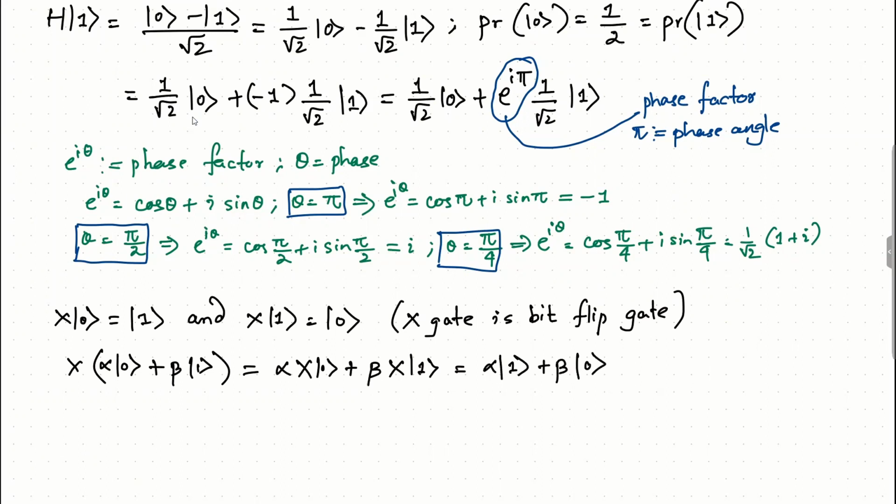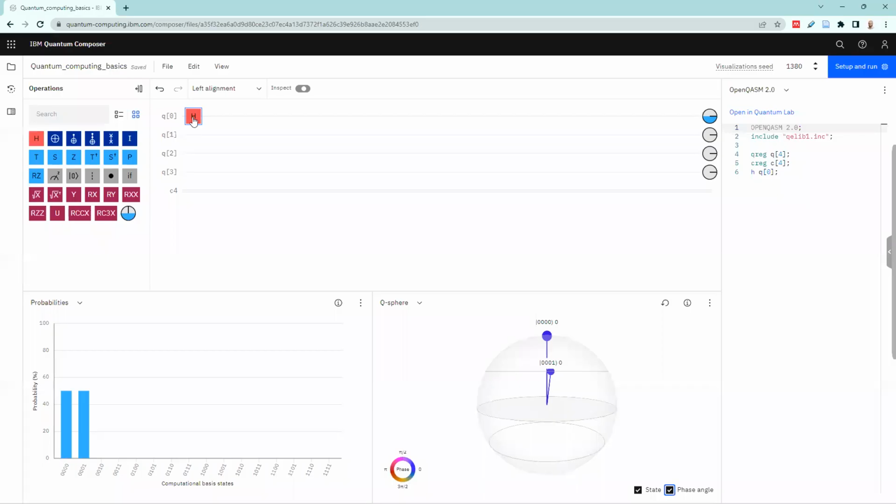In other words, the state alpha beta upon the action of X becomes beta alpha. All right, let's verify it. For the moment, I'll just delete this and apply the X gate. Now we can see that the state is initialized in 0, and this is the X gate here.